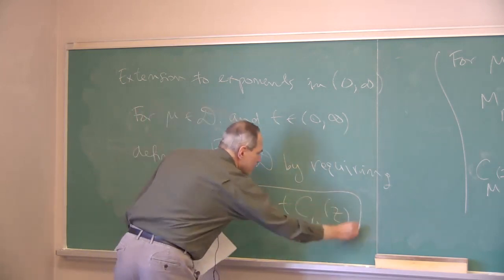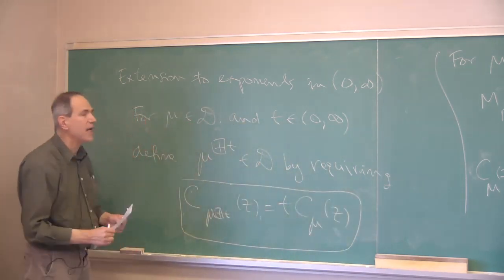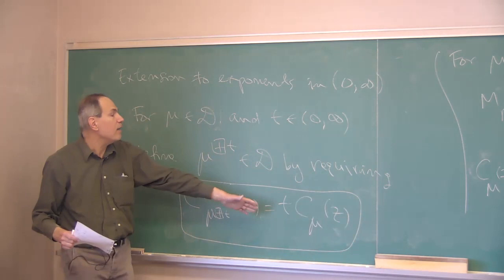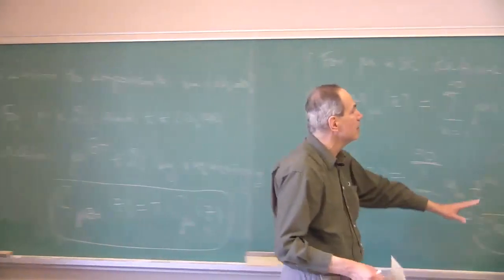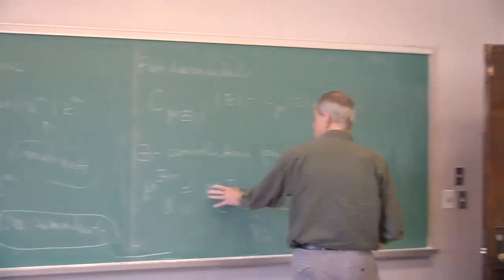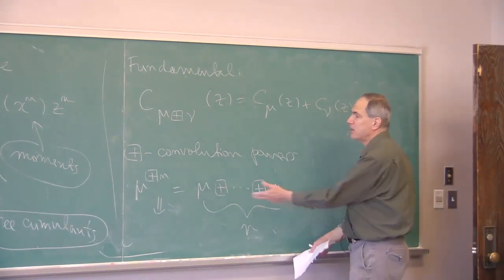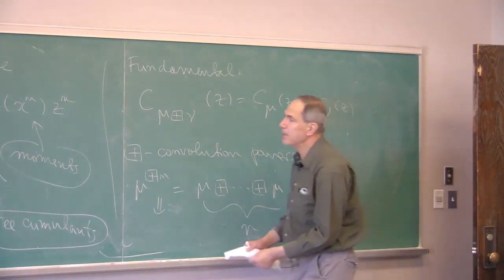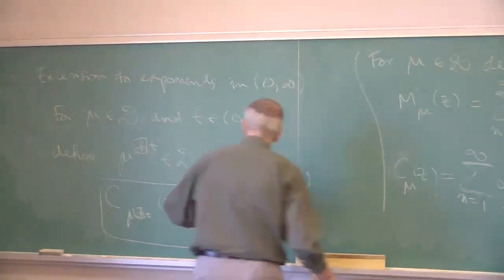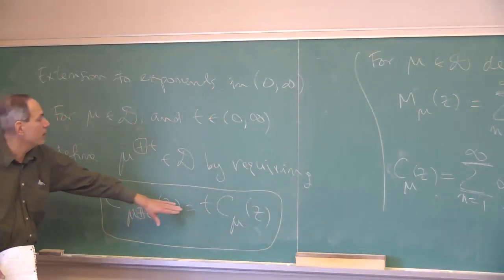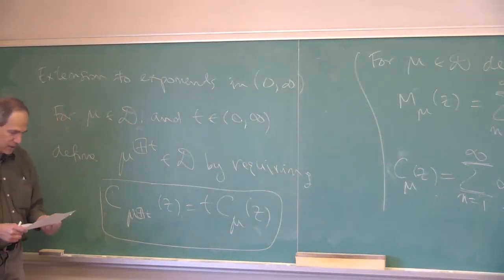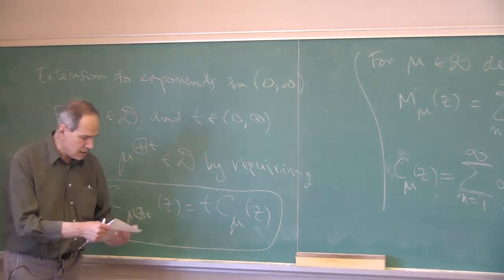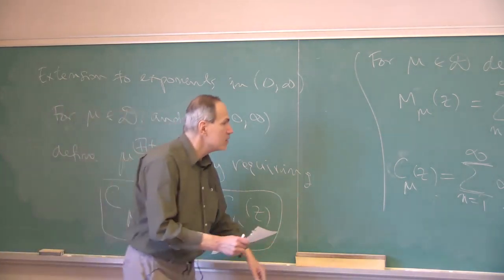So rescale the cumulants by t. If you rescale them by n, you fall back here, because this is what t equals n would do. But it's important that you have a continuous family of possibilities here. Now I can start telling you.